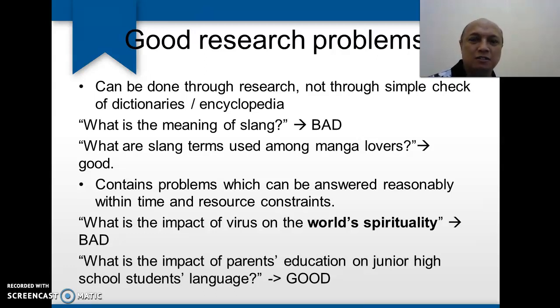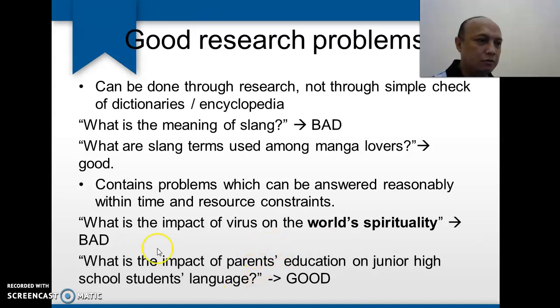It's a hugely difficult task to do. So this is bad because one of the variables here is not reasonable. It's not feasible. You just cannot do it within your time and resource constraints, and therefore it is a bad research problem. Got it?